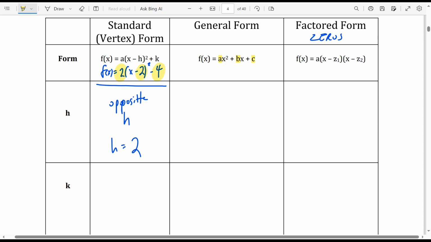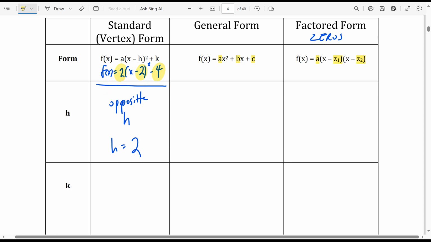If I have a number for a, b, c, I now have the rule. It just defines the rule, where it exists in space, where I can graph it, where I can plot it. If I'm missing any one of those things, I do not have my rule. And last but not least, if I have a, z1, and z2, then that's essentially the parameters that give me the rule.